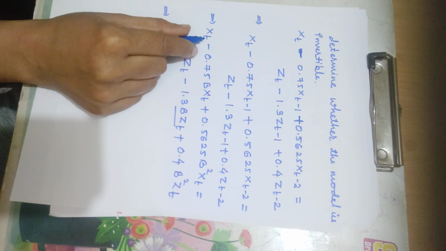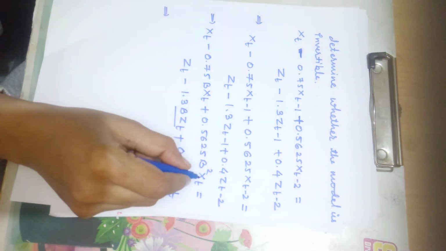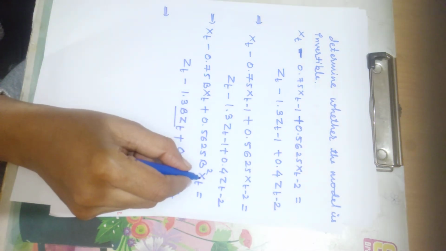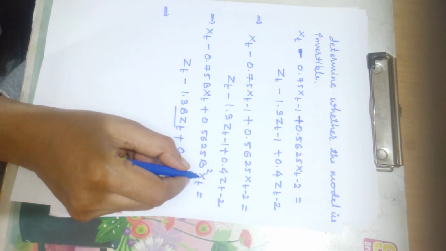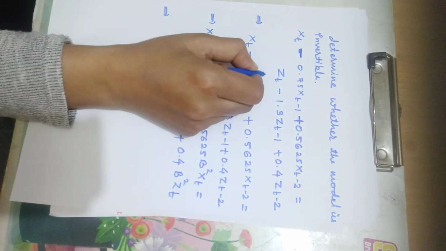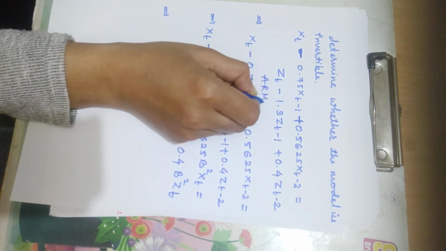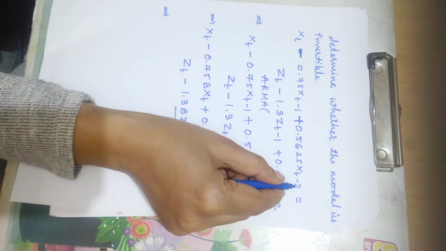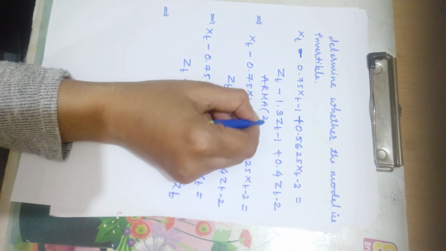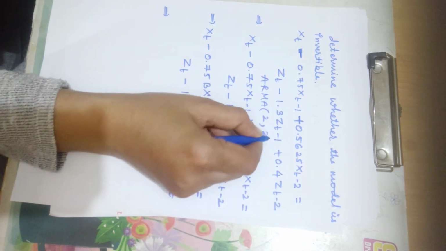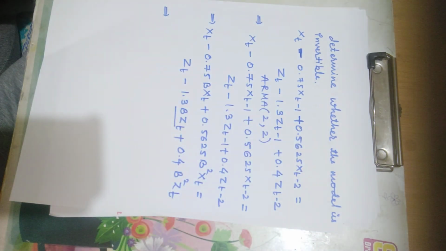To check stationarity, the left hand side polynomial we have to equate to 0, and if the roots are greater than 1, this given model is stationary. This given model is an ARMA model. Here xt minus 2 terms are there, so 2 AR terms and 2 MA terms are there. So this model is ARMA 2, 2 model, right?